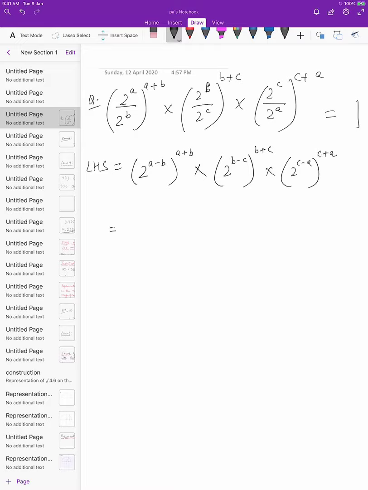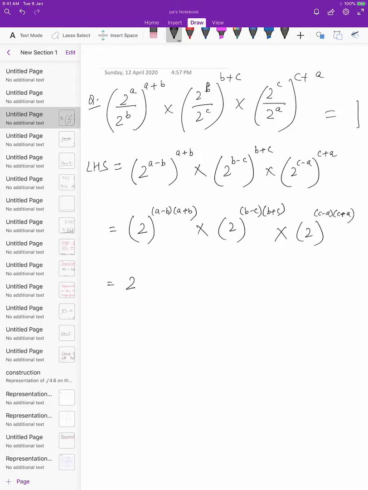Now use the third law, in which we say when there are two powers together, those powers get multiplied. So 2 raised to the power a minus b into a plus b. Here also 2 raised to the power b minus c into b plus c. And the third one is 2 raised to the power c minus a into c plus a.